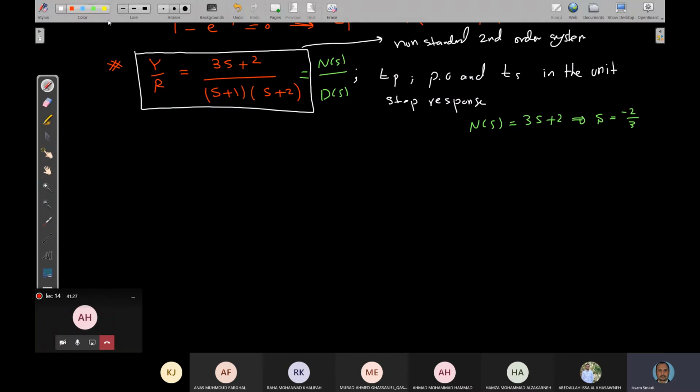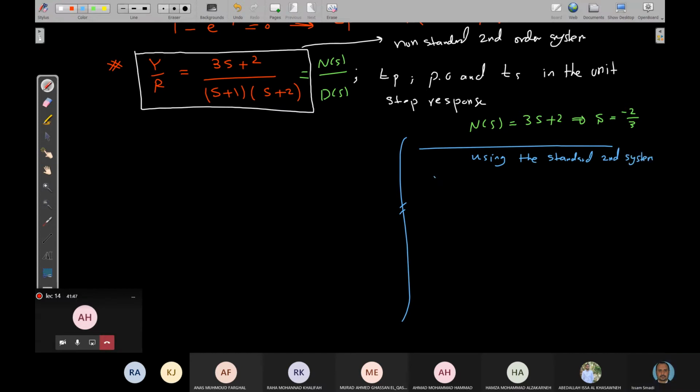And for that, I will evaluate the two things using our closed form solution here, using the standard second order system relations, which state that, for example, TP is equal pi over omega d, that TS is equal 4 over sigma, which equals 4 times the time constant, and that the percent overshoot is equal exponential minus zeta pi over square root 1 minus zeta square, times 100%.